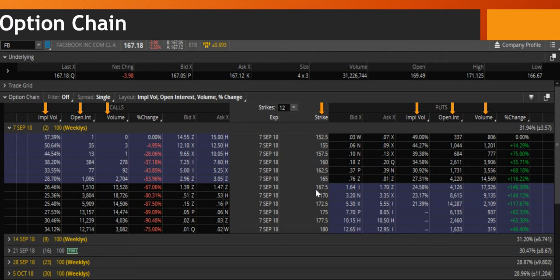The next strike price to be hit is these 167.50s, right? Which is at the money. The rest of these are out of the money. Okay?